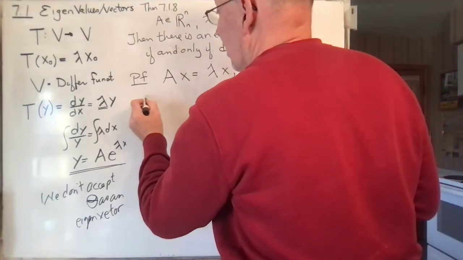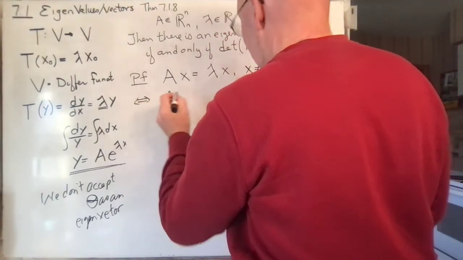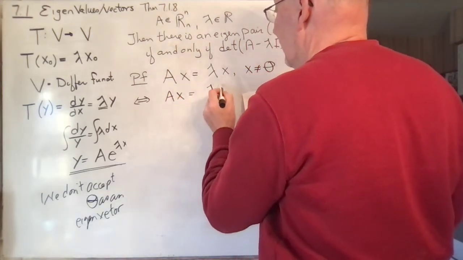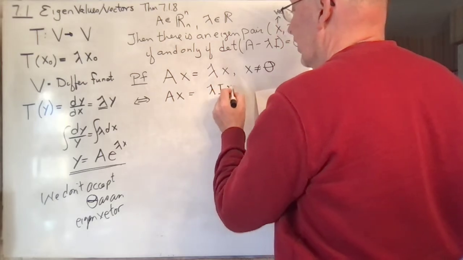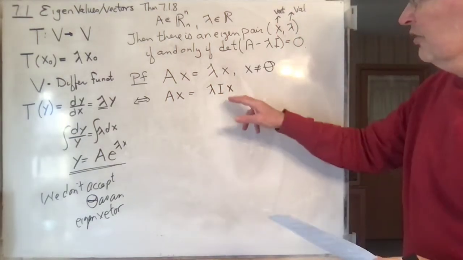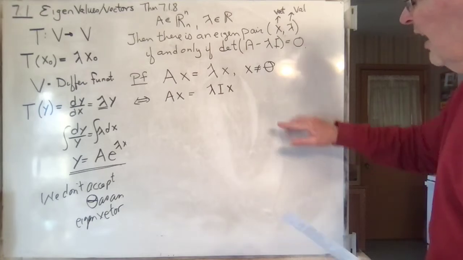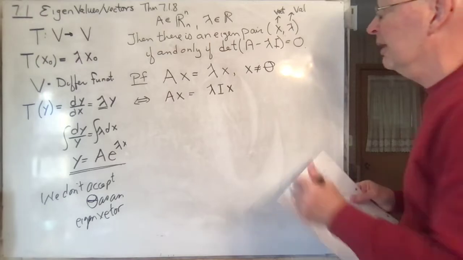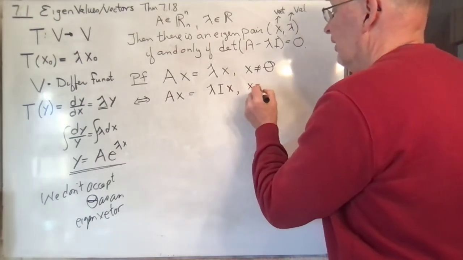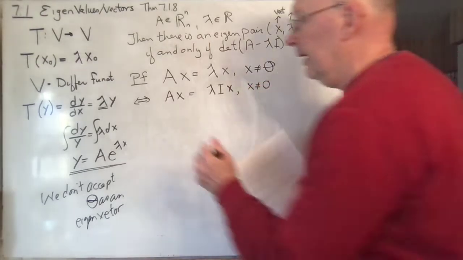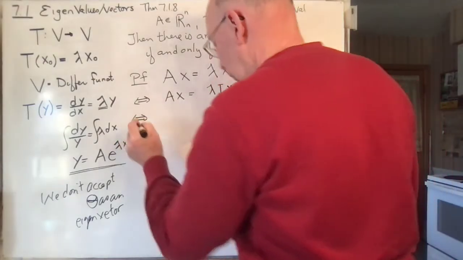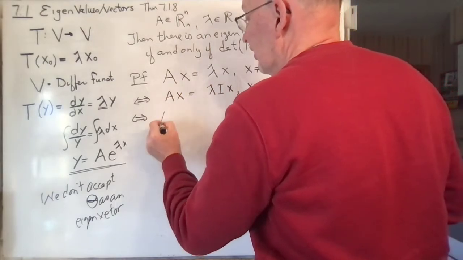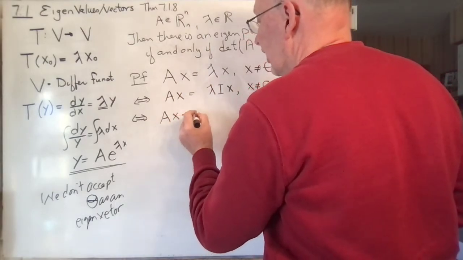That is equivalent to saying that Ax is equal to lambda times the identity matrix times x. Remember, the identity matrix is just the one that has ones down the diagonal and zeros other places. If you multiply that by anything, you haven't changed it at all. Okay, so that's true. That's equivalent to saying you can do the same thing with matrices that you can with numbers. You can just move it over to the other side.